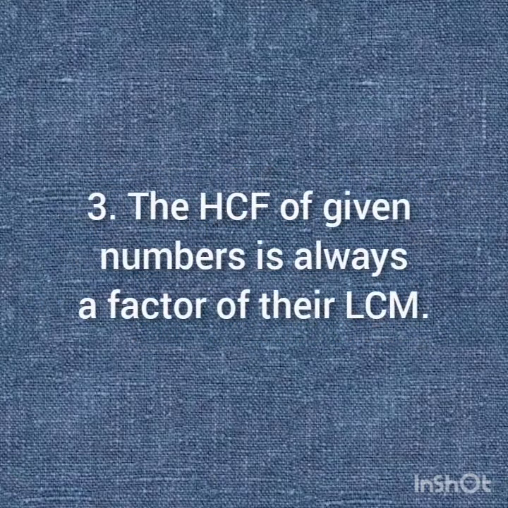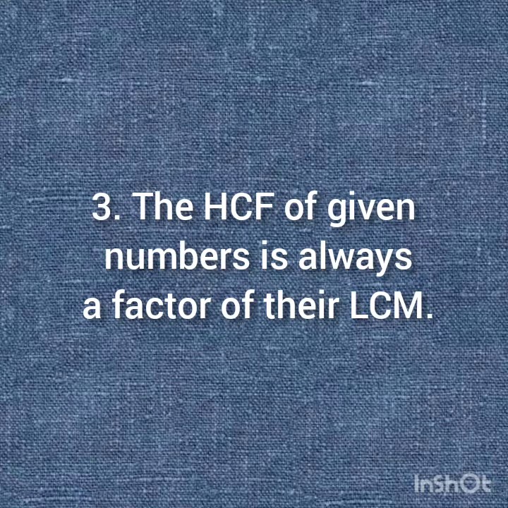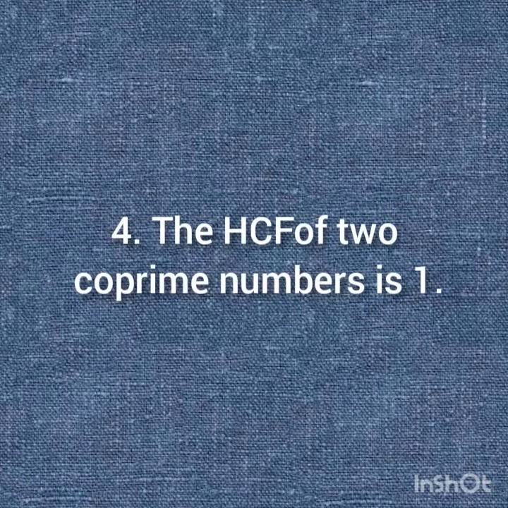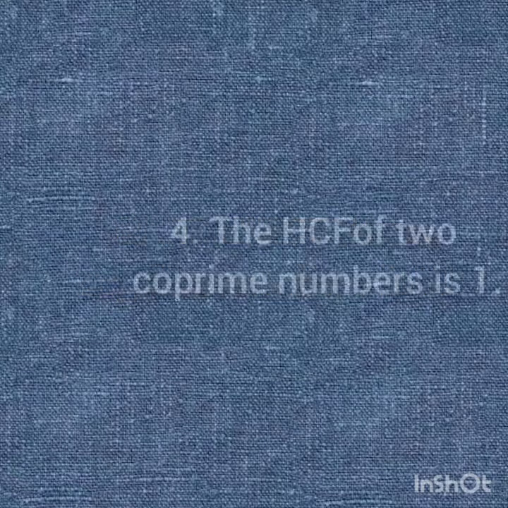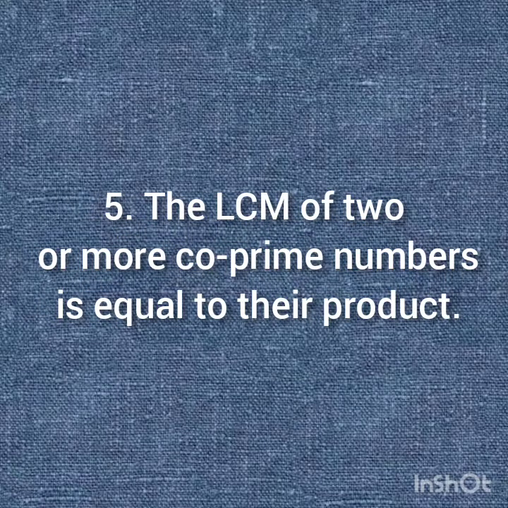Third property, the HCF of given numbers is always a factor of their LCM. Fourth, the HCF of two co-prime numbers is 1. Next, the LCM of two or more co-prime numbers is equal to their product.